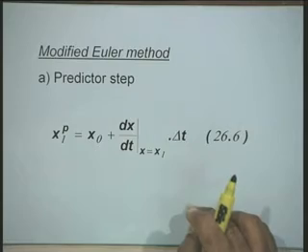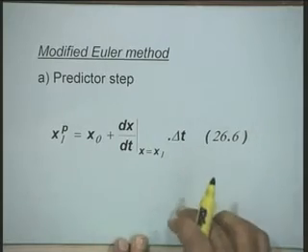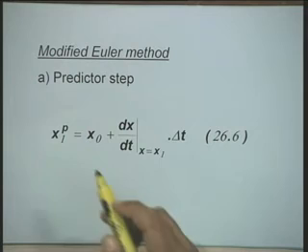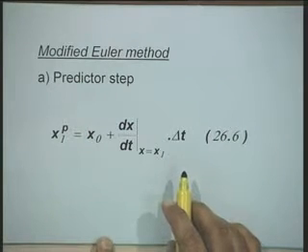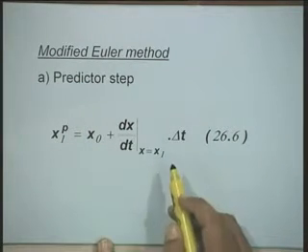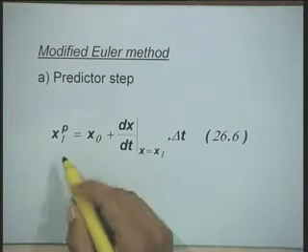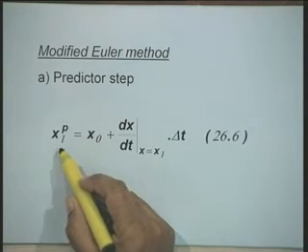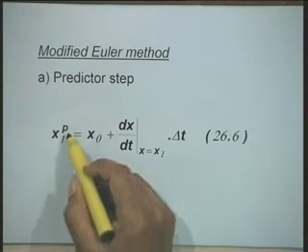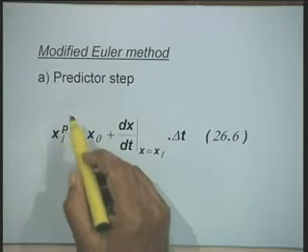In the modified Euler method, the approach goes like this. The first step is exactly the same as we use in the Euler method. That is, we find out the value of x1, we call this a predicted value x1p, that is the predictor step.